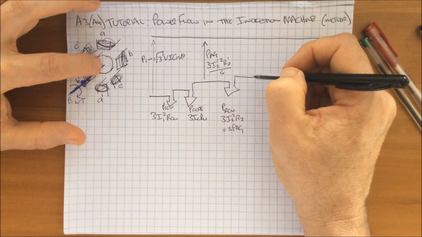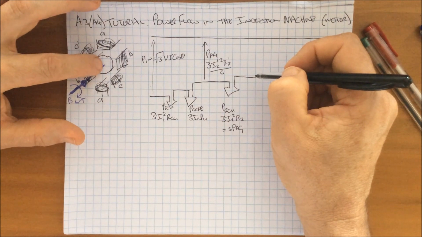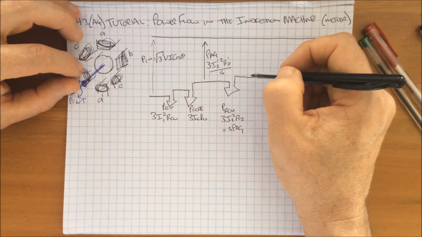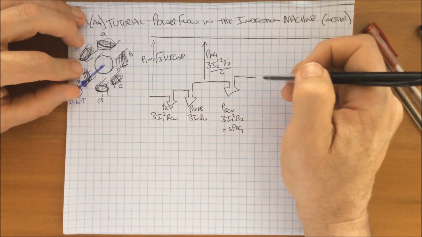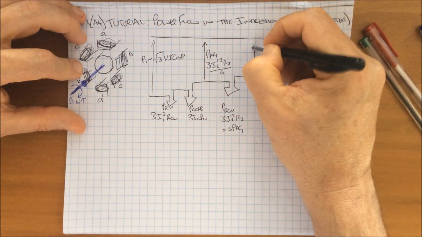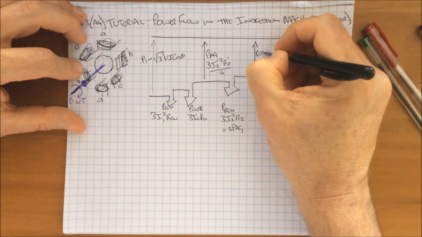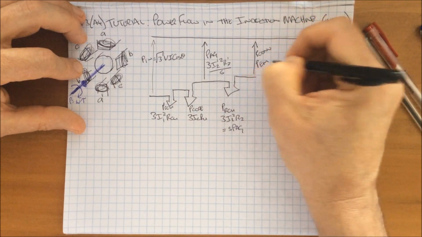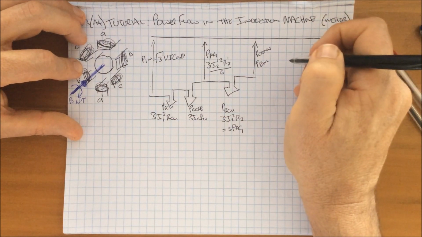Once we've lost the power through the rotor here, we now have what some people would call the mechanical power, but it's not. The proper term that's used to describe the power at this point here is the converted power. And in some books it's also called the electromagnetic power.